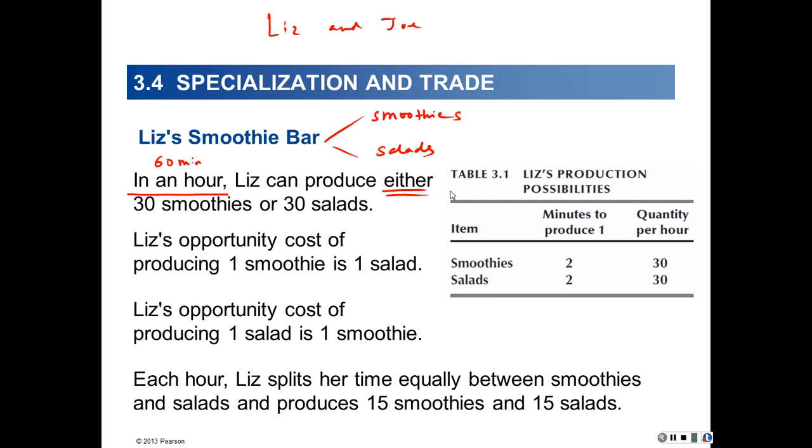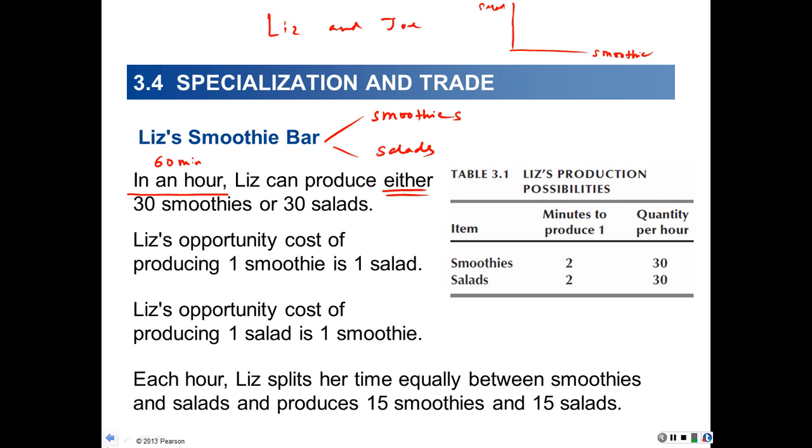Could we draw her production possibilities frontier? So let's call this the smoothie axis, and let's call this her salad axis. And what are the endpoints of her PPF going to look like?